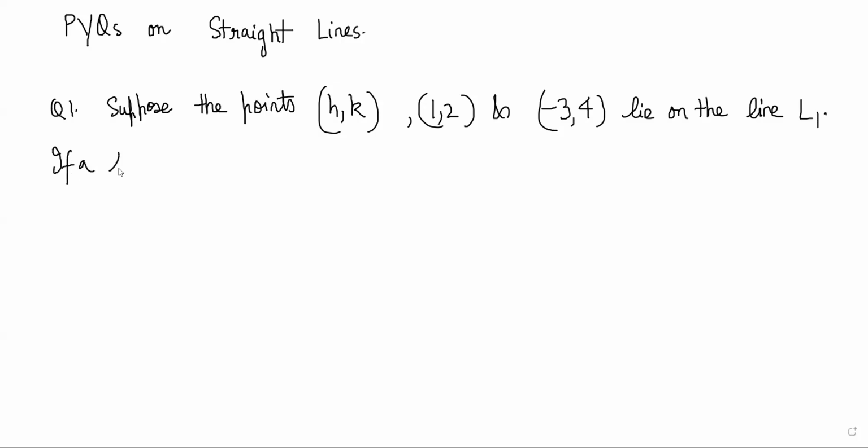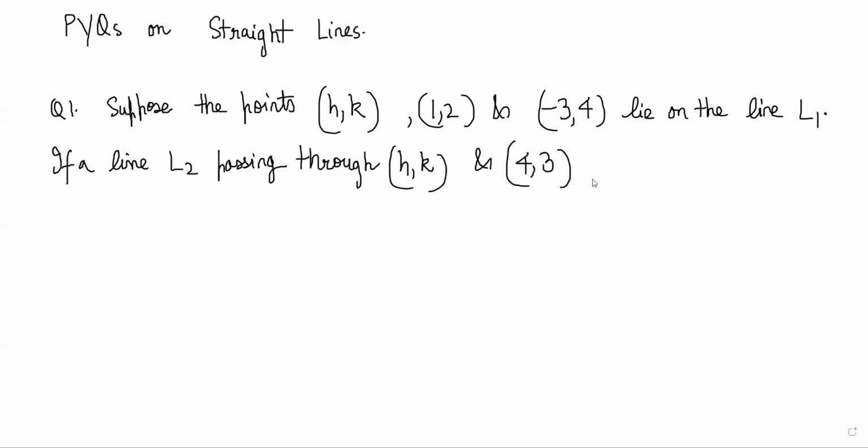If a line L2 passing through (h, k) and (4, 3) is perpendicular to L1, then find the value of k by h.